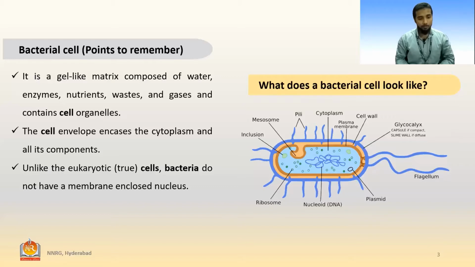And the third point you need to remember is, unlike the eukaryotic cells, bacteria do not have a membrane-bound nucleus. It means animal cells or plant cells contain a nucleus. Inside that nucleus is the nucleolus, which contains the genetic material.